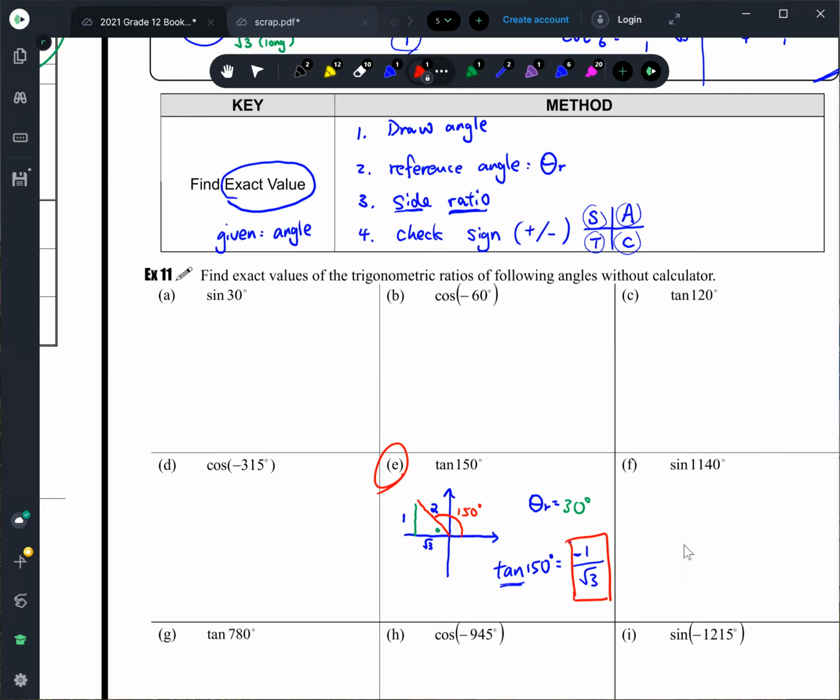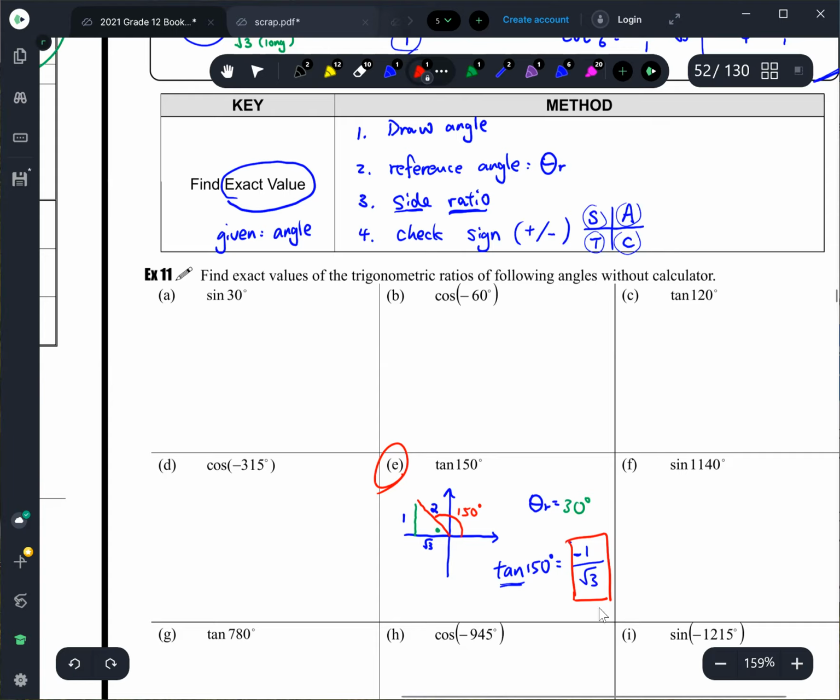Please raise your hand if you have no questions up to here, on how to do the 4 steps. Claire, any questions? How we found -1/√3? No, I just forgot to raise my hand.